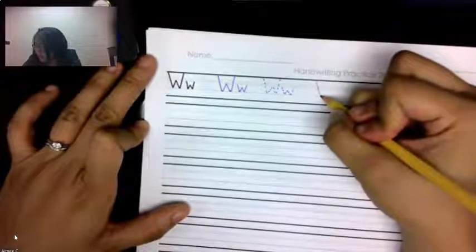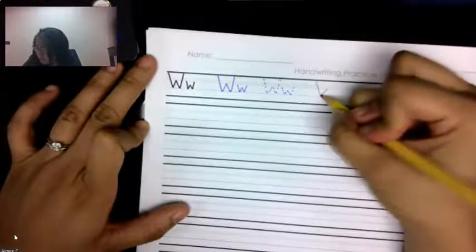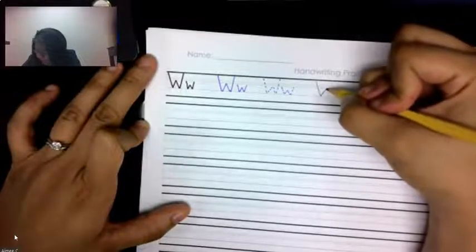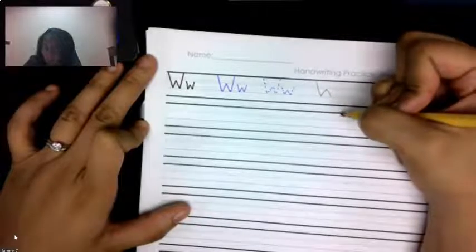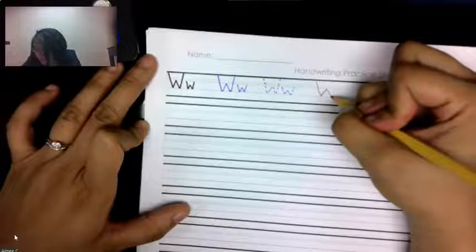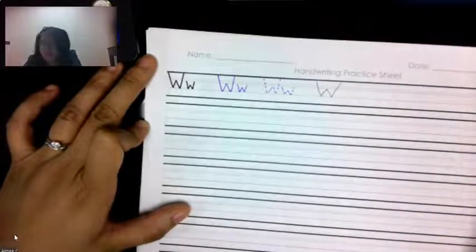And then you're going to make a small slant going the other direction up to the middle. And then have another small slant going down the other direction again. And then to finish, we'll take from the bottom all the way up to the top, one more big slant.